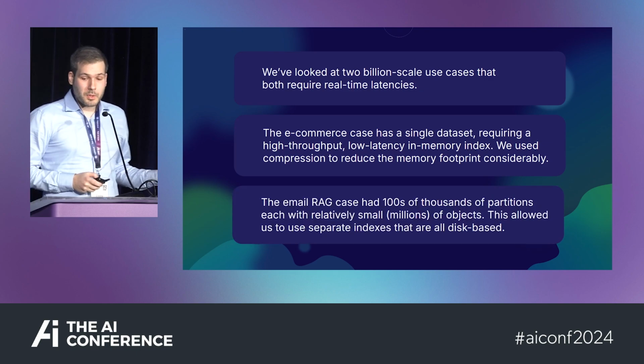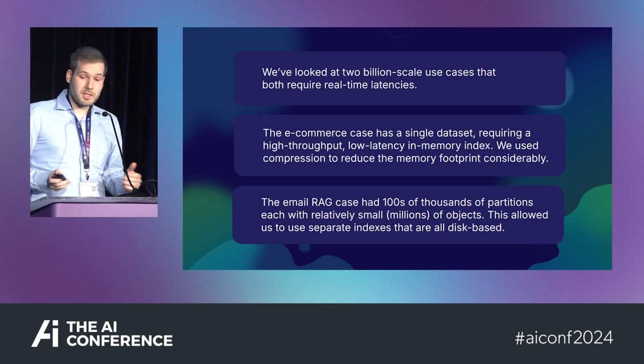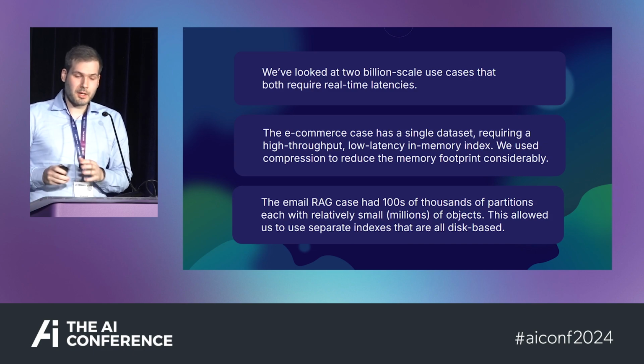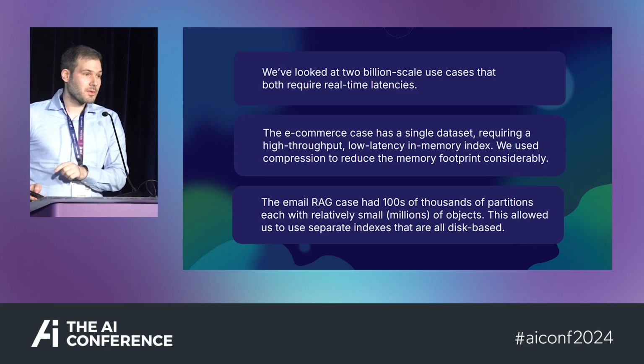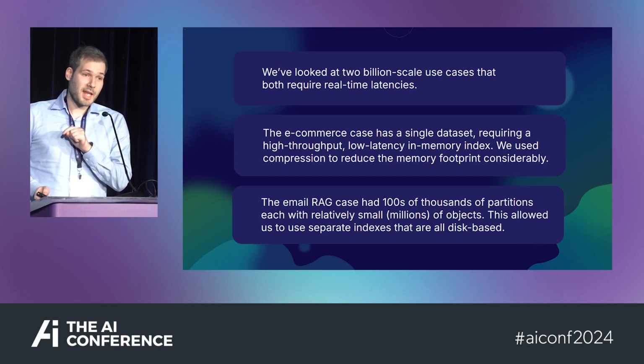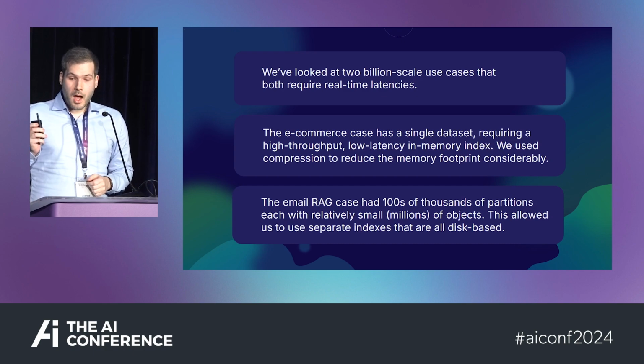The other one was the email RAG case, where we had hundreds of thousands of partitions that are all relatively small in comparison, which allowed us to use separate indexes that are disk-based. If you're interested in how we manage so many different partitions at scale, I can refer you to my AI conference talk from last year, which was on how we're doing multi-tenancy in Weaviate.